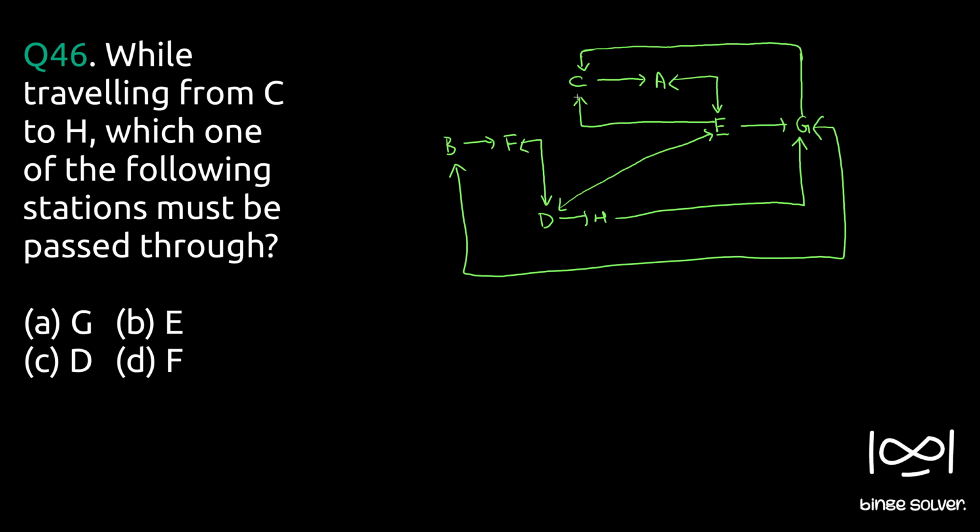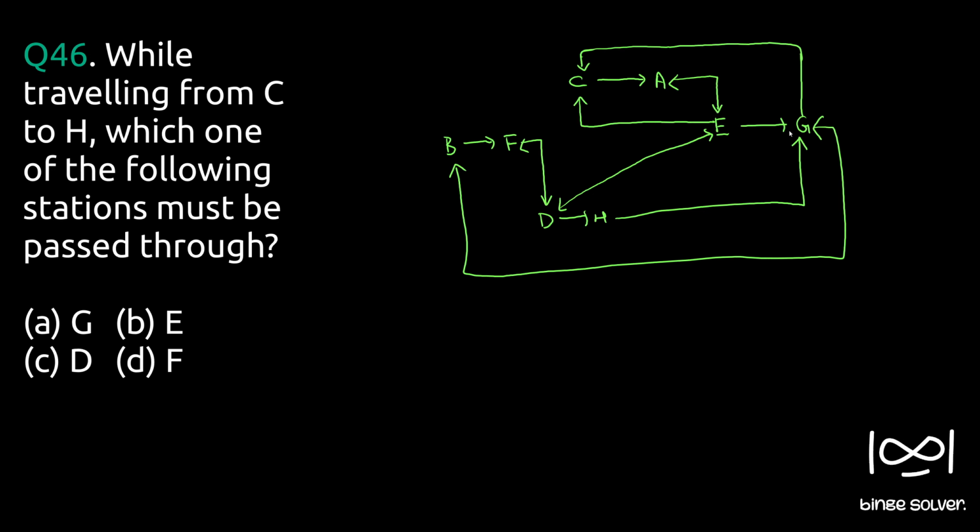So we need to travel from C to H. As you can see, from C, the only path is to A. We have to go to A, and from A, there is a two-way path to E. So from C, there will be A and then E. From E, we have multiple choices.